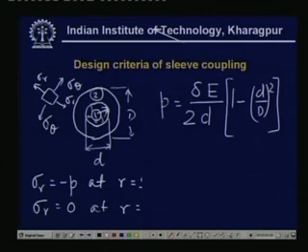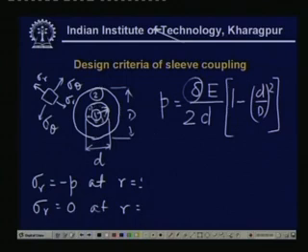So, from this we get the value of P. Of course, here we have assumed that these materials are the same, that is, they have the same Young's modulus and Poisson's ratio. Once this P is known, then we can calculate the torque transmitted.